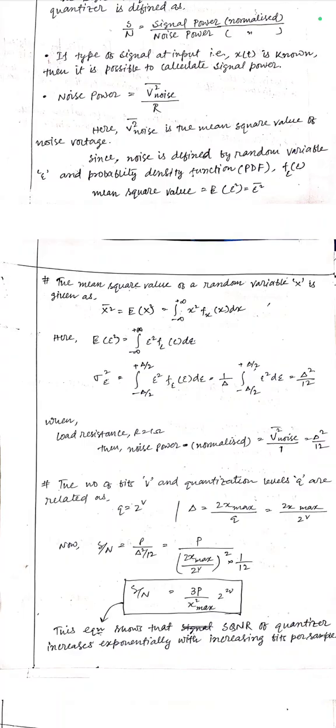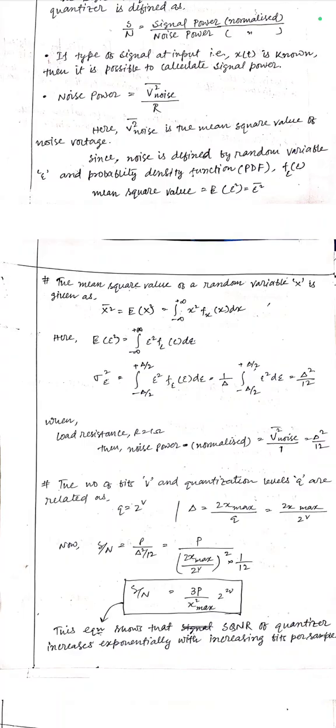Then the number of bits V and the quantization levels Q are related as Q is equal to 2 to the power V, and when we put the value of Q in delta's equation, delta is 2x max by Q, that is 2x max by 2 to the power V. When we calculate the SQNR, S by N, we put the value P by the noise power.